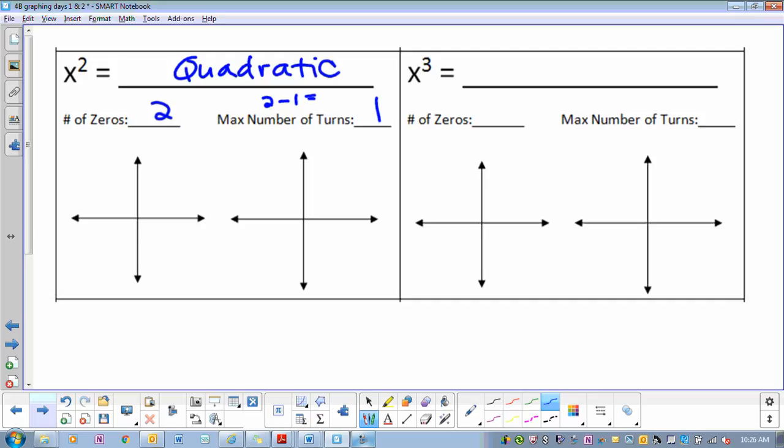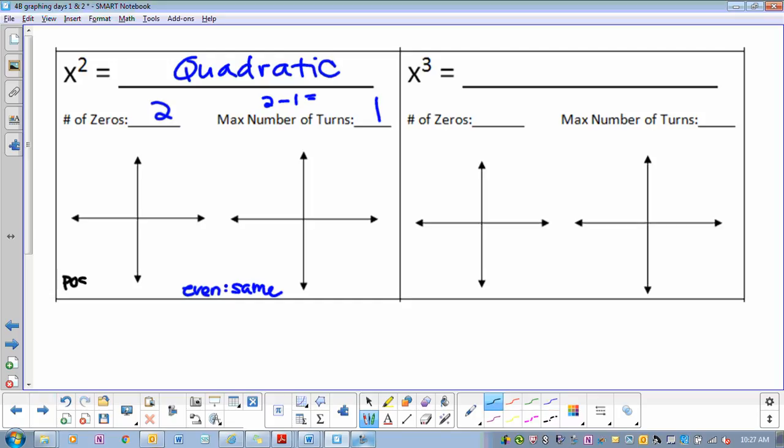So tell me, is this an even or an odd? Even? Why? Because it's 2, right? Good. So it's even, and so they do what? Yeah, the same, right? They should do the same thing, your left and right arms. All right, so let's talk about a positive one.